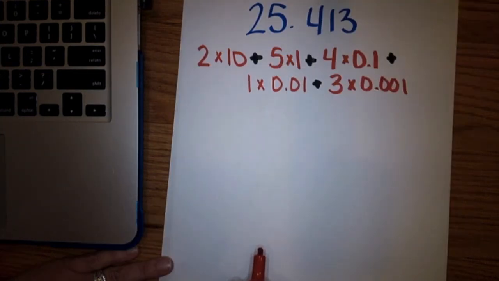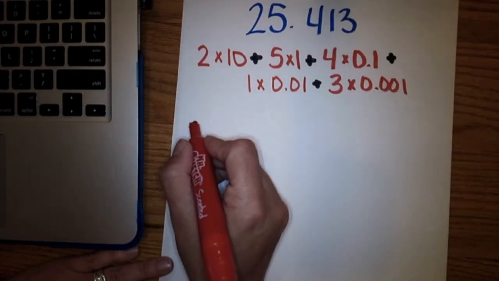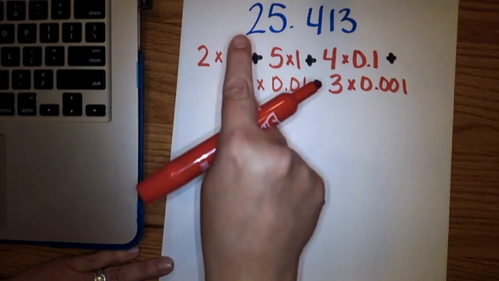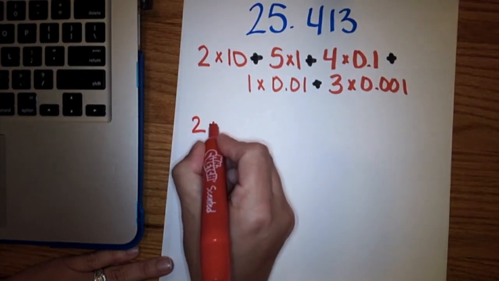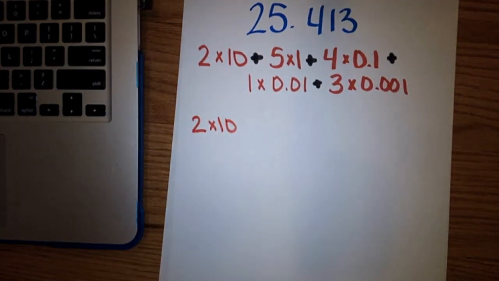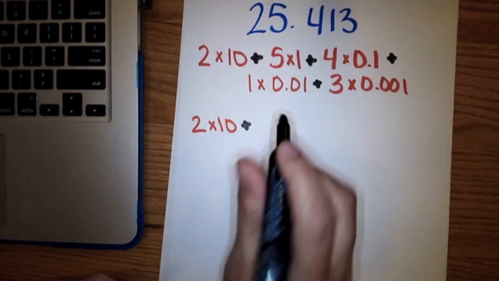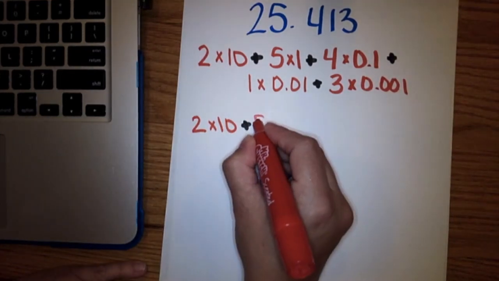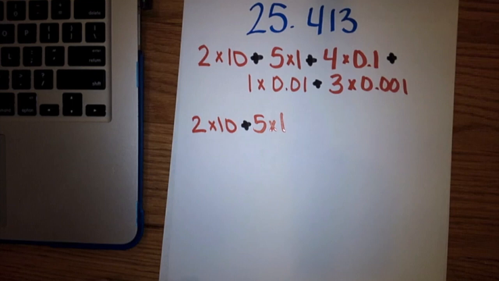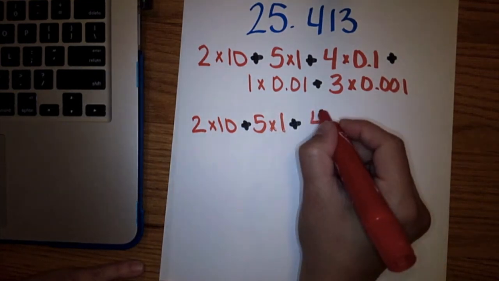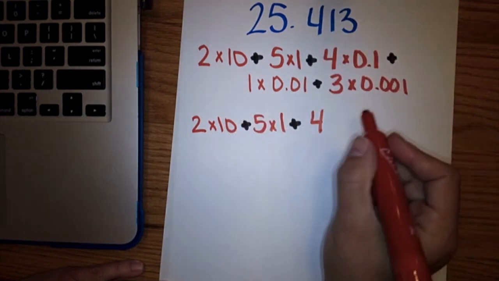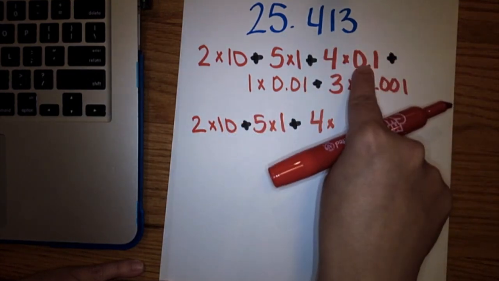All right, guys, we're going to do it again, just a little bit slower. Show it to you one more time. Two groups of 10. That is our normal expanded form, plus 5 groups of 1, plus, let's get into that fraction, 4. Our 4 comes from our number, times 1/10.